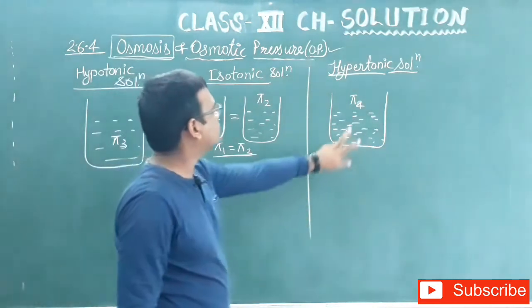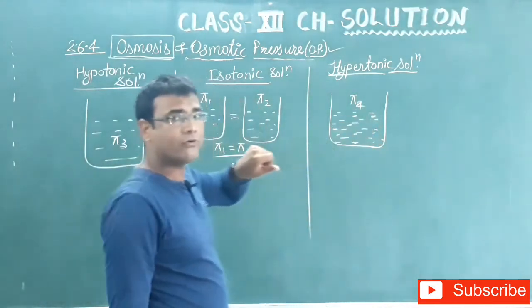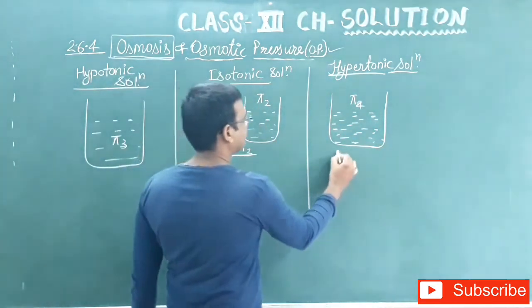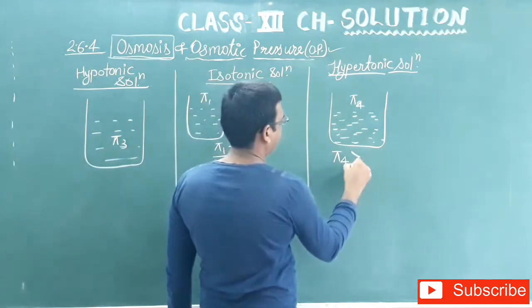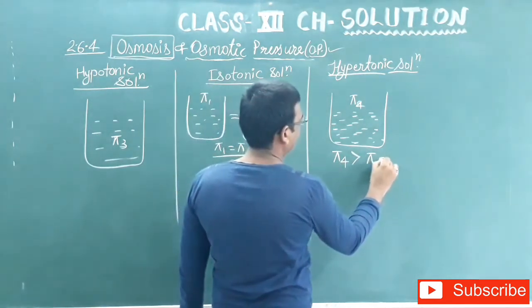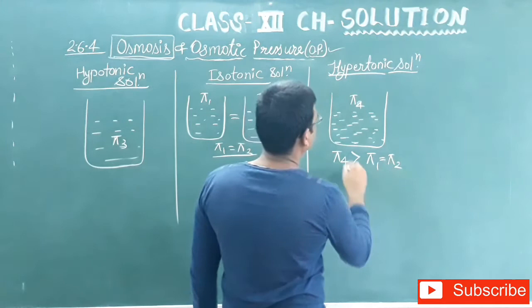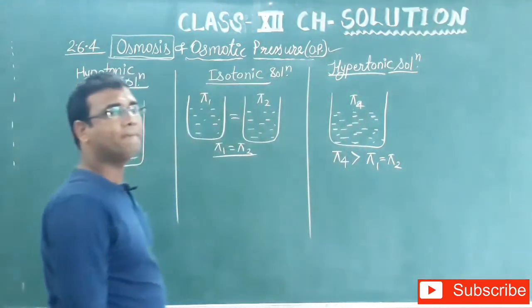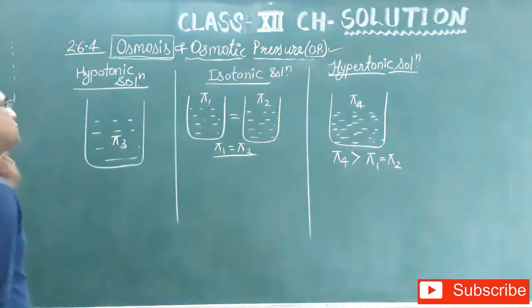If the osmotic pressure of this solution, pi 4, is greater than pi 1 or pi 2, then this solution is called a hypertonic solution.